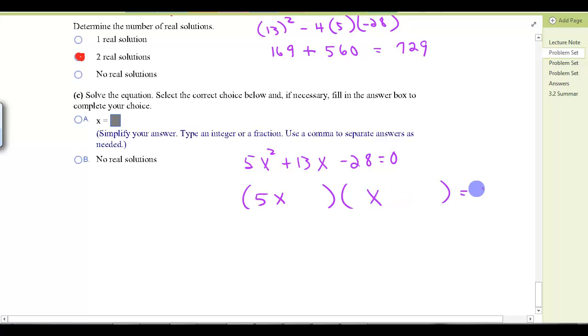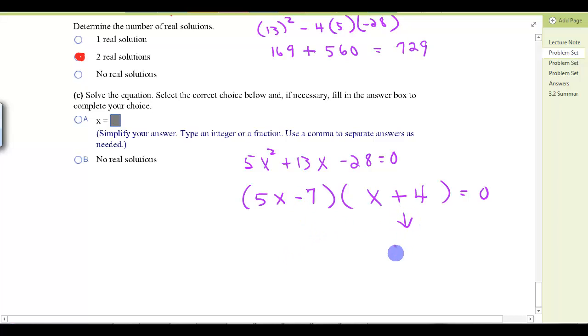All right, so the factors of 28 would be like 4 and 7, 2 and 14. Let's see, 4 and 7. That doesn't really jump out at me, but let's think about if we put it in here and see. So that's 20, that's 7, that could give me 13. If I have a plus 4 and a minus 7, that would work.